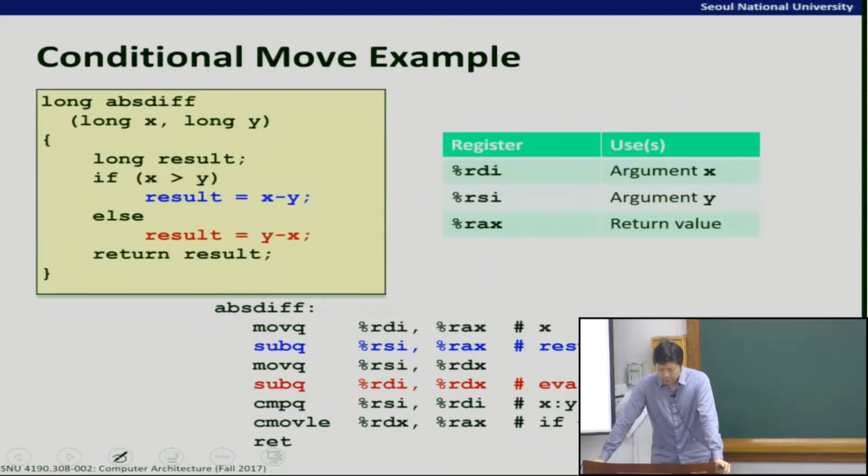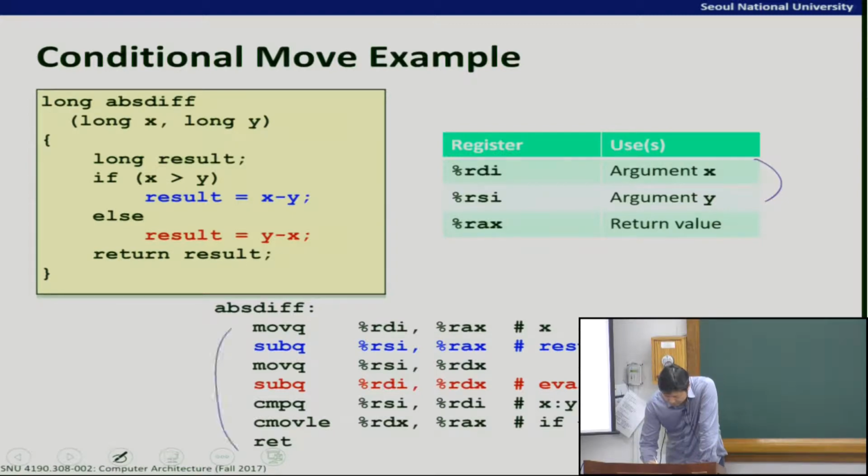So here is a version of the same code using conditional move. Let's take the absolute difference example again. The two arguments x and y are passed through the two registers RDI and RSI, and RAX holds the return value. Let's see how it works.